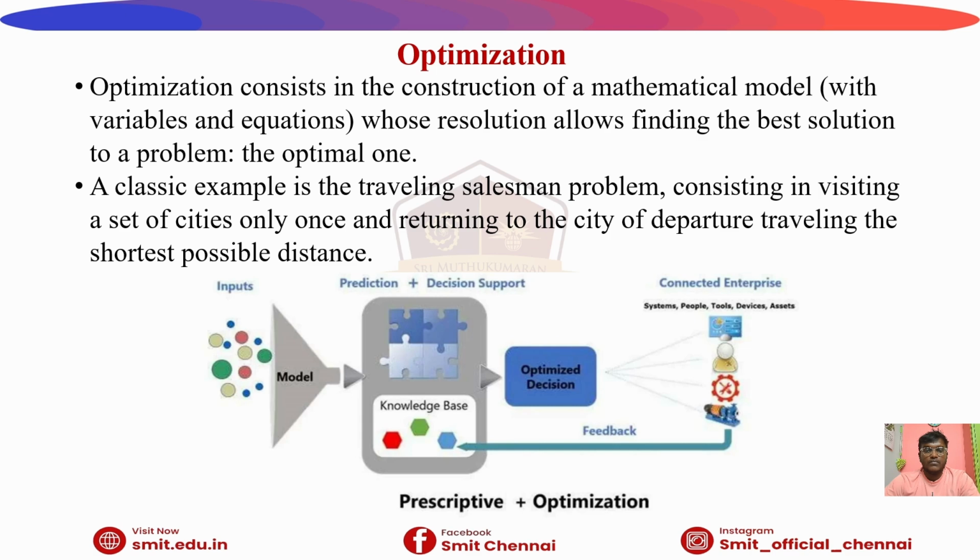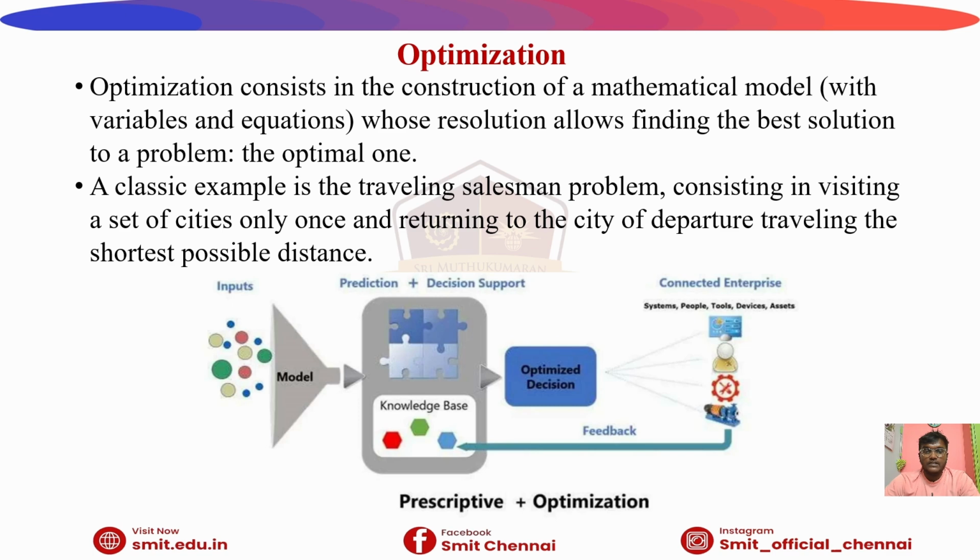Optimization consists of constructing a mathematical model with variables and equations whose resolution allows finding the best solution to a problem, the optimal one. The classic example is the traveling salesman problem.